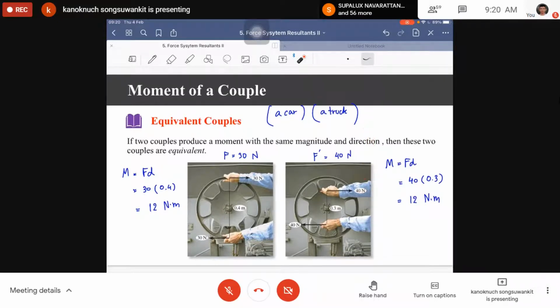So the distance becomes greater and you can exert the minimum force. That's why the steering wheel in a truck is larger than in a car. We have to increase the distance in order to decrease the force.